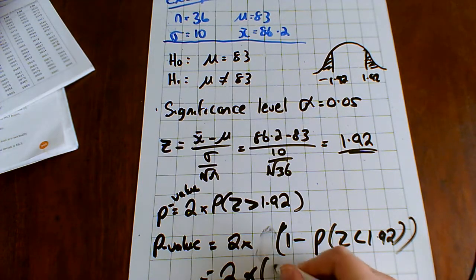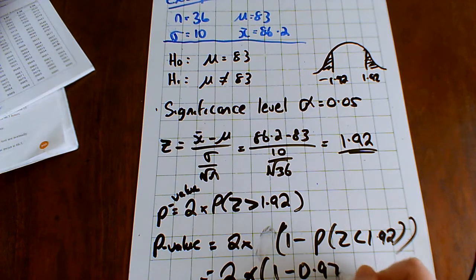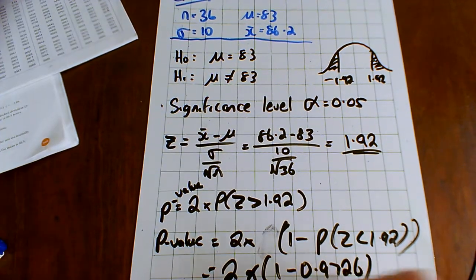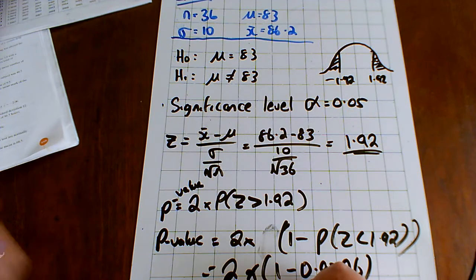So 1 minus 0.9726, which is equal to 2 times 0.0274. Our p-value is equal to 0.0548.